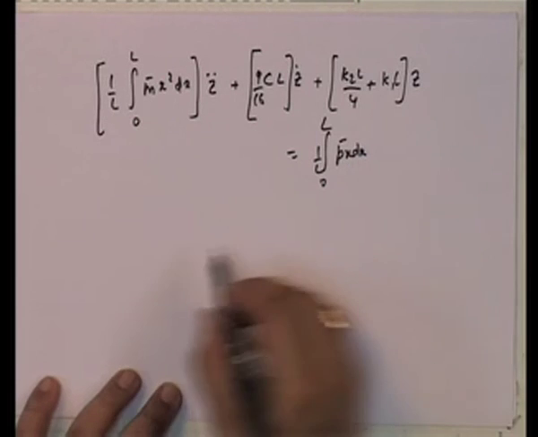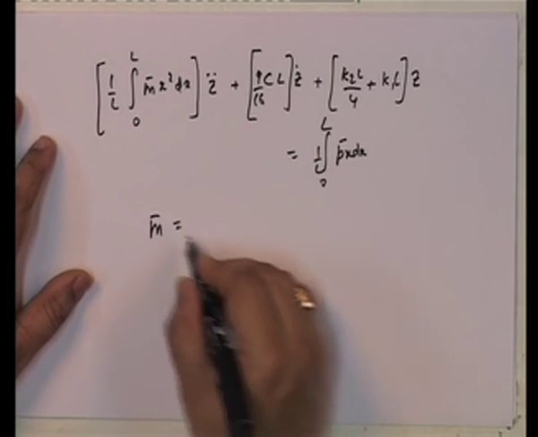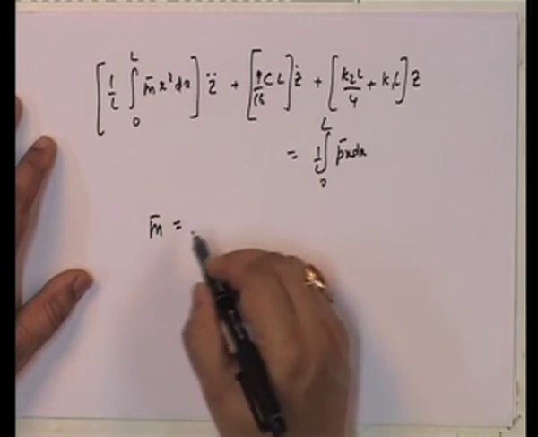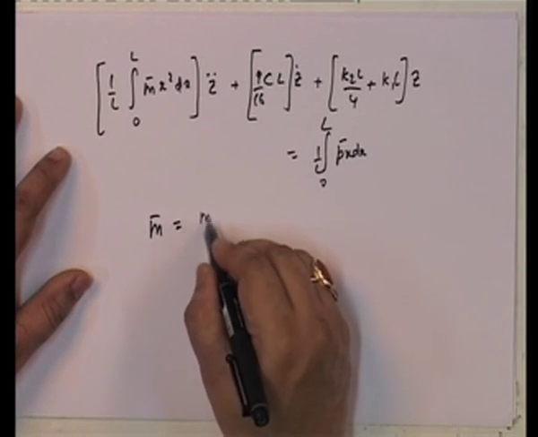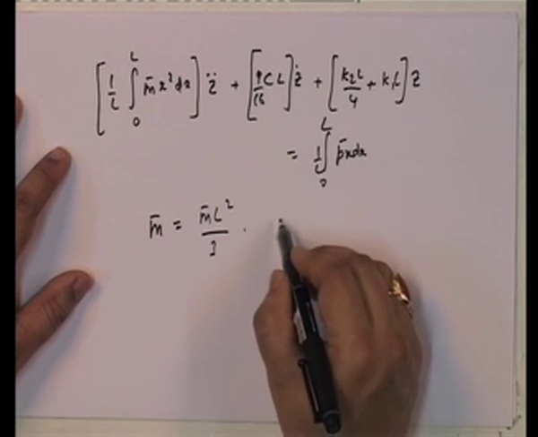So, what am I going to get? If I rewrite this, m bar L cubed by 3 becomes m star equal to m bar L squared by 3.